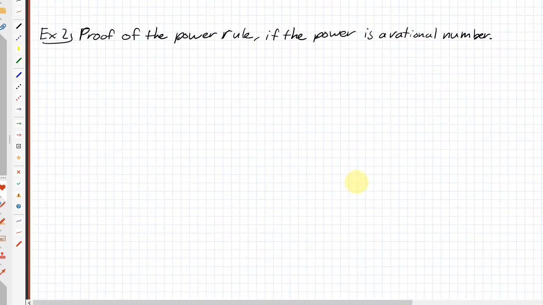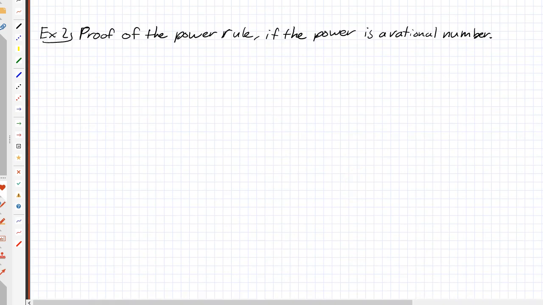Okay, let's prove the power rule. The power rule is the power rule, but if the power is a rational number.